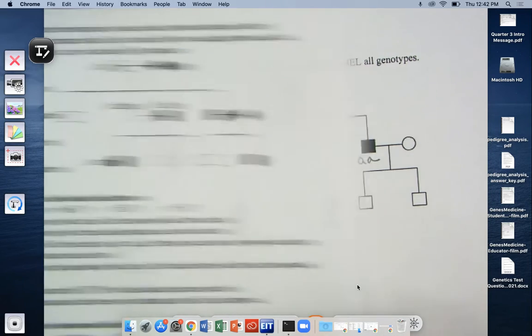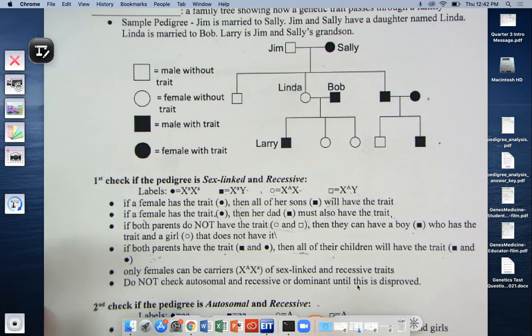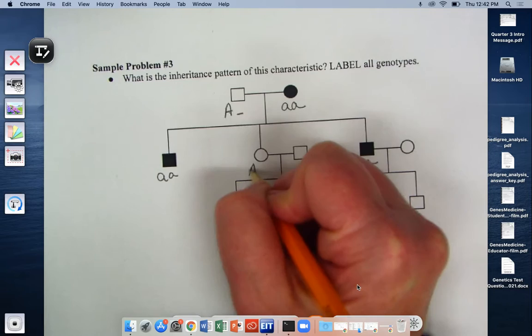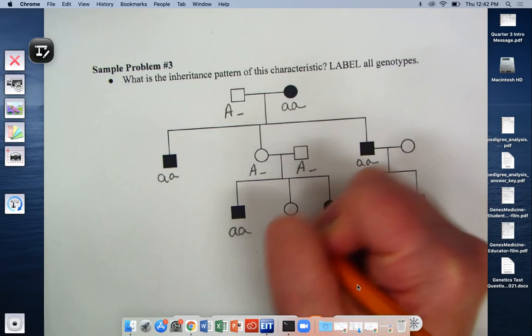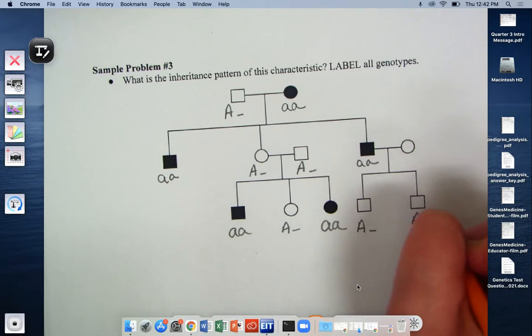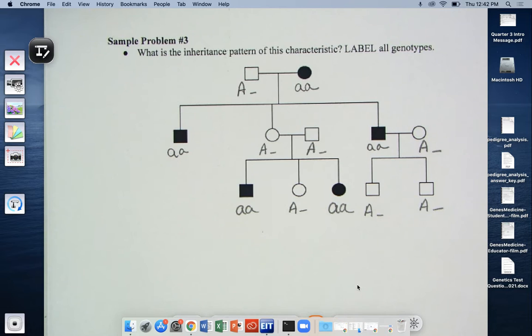Then, if they don't have the trait, then they're capital A something. So that's kind of step one once we've decided. Then we start looking at the parents and the children, and does it work? Does it match? And can we figure out what another parent would be?